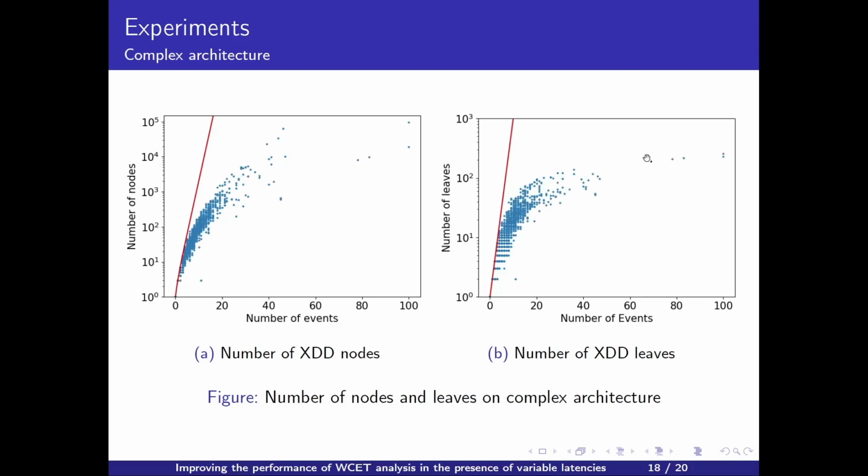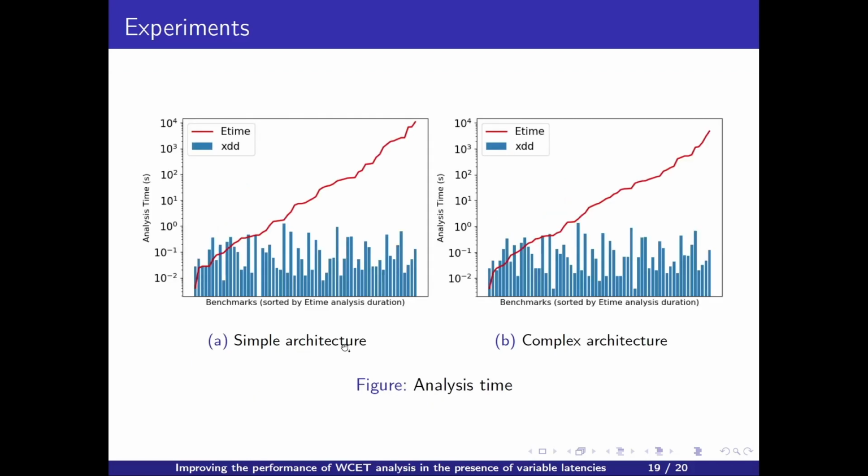On a more complex in-order but superscalar processor, it shows the same trend but with slightly worse and more variable performance. Finally, we compare XDD to the existing analysis that Otawa uses, called eTime, which is an exhaustive algorithm. The x-axis shows benchmarks ordered by the analysis time of eTime, and the y-axis is the analysis time in logarithmic scale.